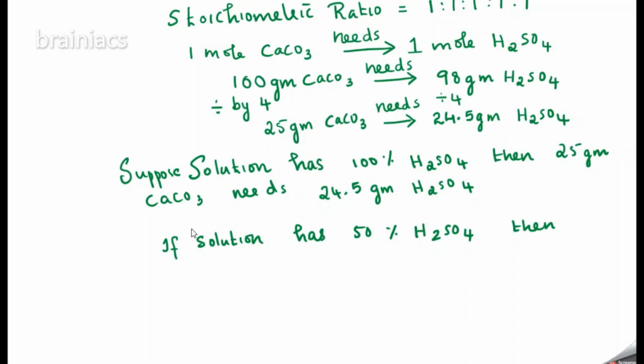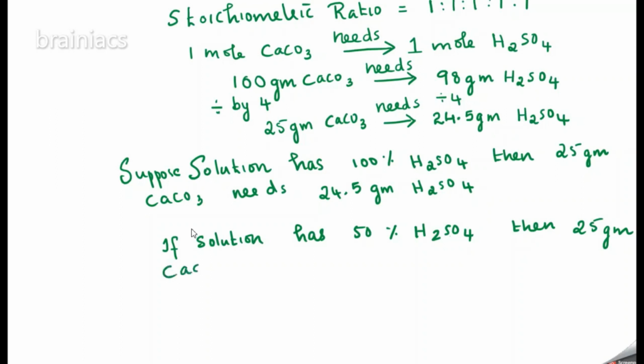How much amount of this type of solution? You know that if a solution has only 50% H2SO4, then you will get only half of it. So what you need to do, you need to multiply by 2 so that you will get the amount of sulfuric acid, correct?